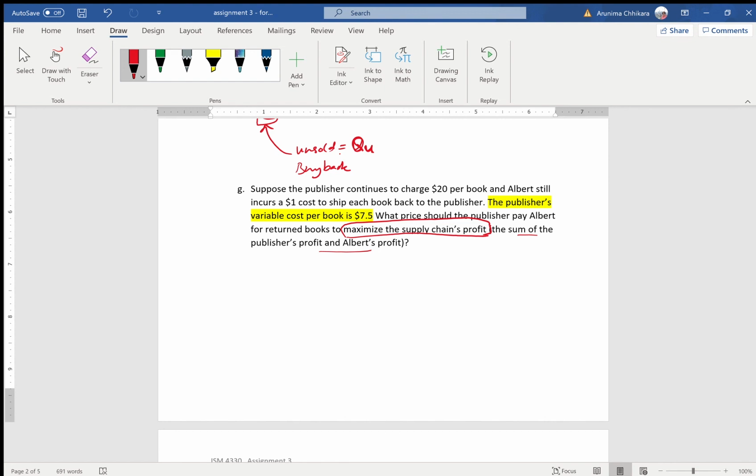So if you recall, what we mean by maximizing the supply chain's profit is that the supply chain is coordinated. And we know that the optimal buyback price is the buyback price which coordinates the supply chain, or which ensures that together the publisher and the retailer make the maximum amount of profit that they can. So here we want to find the optimal buyback price. So how would we find it? We have that formula, if you remember, which has things like shipping cost and the retail price, the retailer's price.